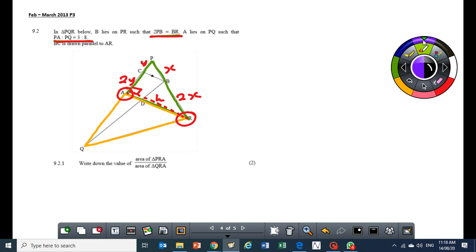Let me use a different color there. And the whole length from here up to there, based on that ratio, is going to be equal to 8Y. So I can just calibrate there. So this is 8Y.